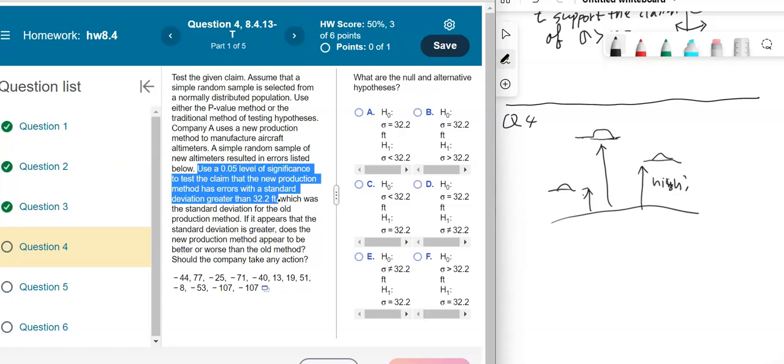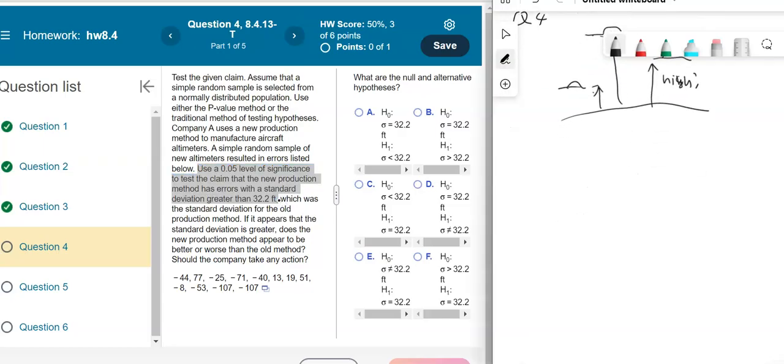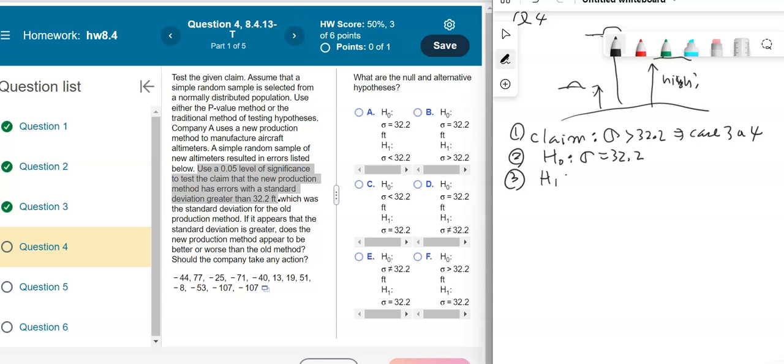So here, the claim: their new altimeter standard deviation is greater than 32.2. So this is again case 3 or 4. Null hypothesis is sigma equals 32.2. Alternative hypothesis, same as the claim, which is the right tail test.